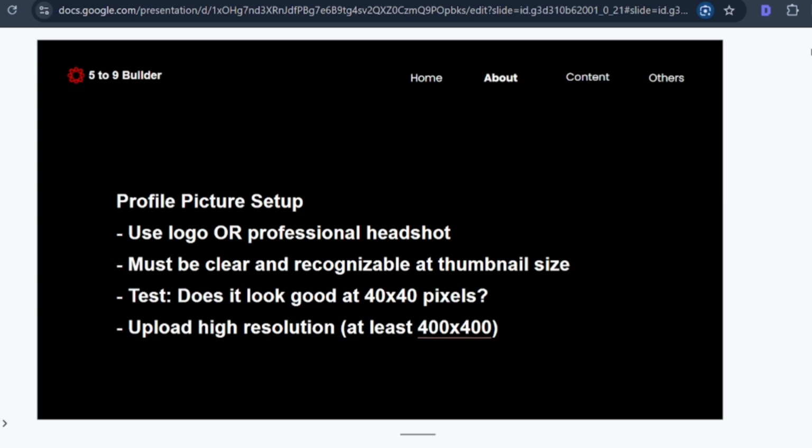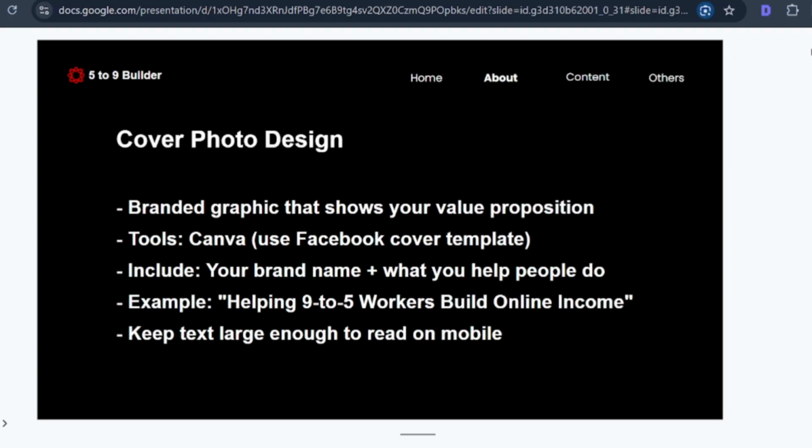We've already done this, so I am not going to go through it again. We also looked at the cover photo design, and I gave you some of the things that you should check on your cover design. I corrected some of your errors on your profile photo, so we are not going back to do that.